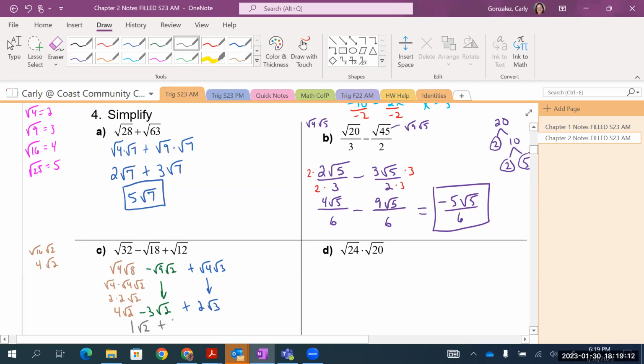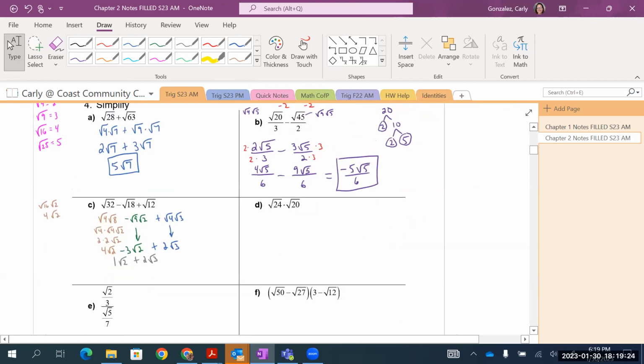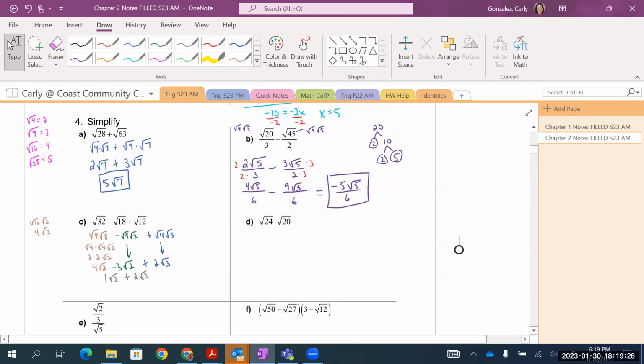And then bring down the plus 2 rad 3. Notice this rad 2 and this rad 3 are not like radicals, and they cannot be combined. So our final answer, we'll just drop that 1. So we get rad 2 plus 2 rad 3 is our final answer.